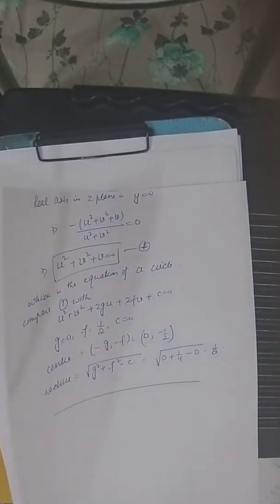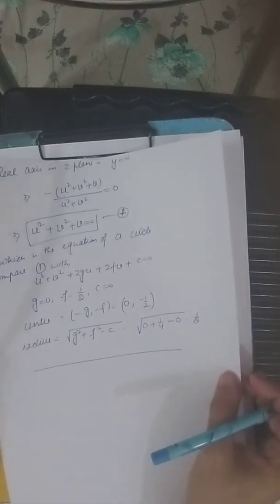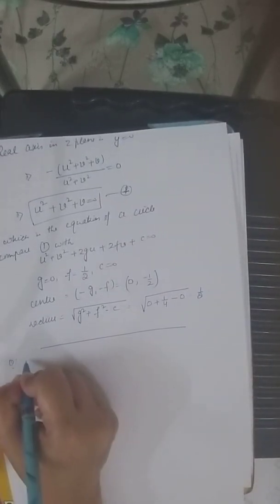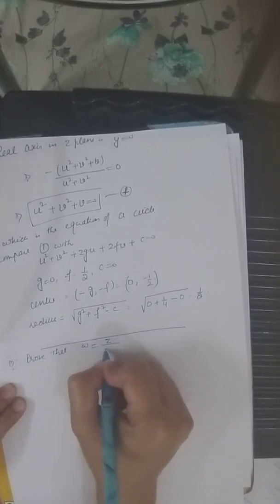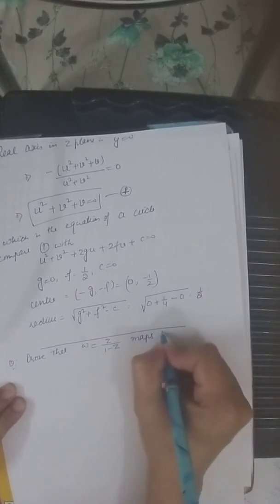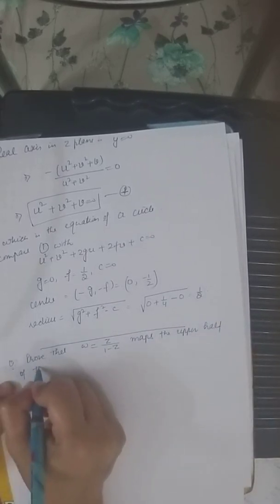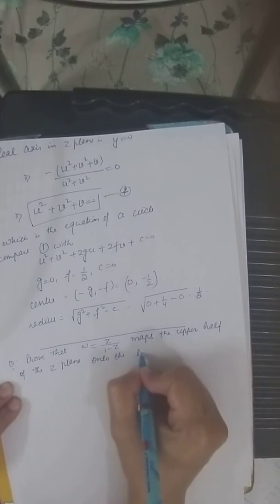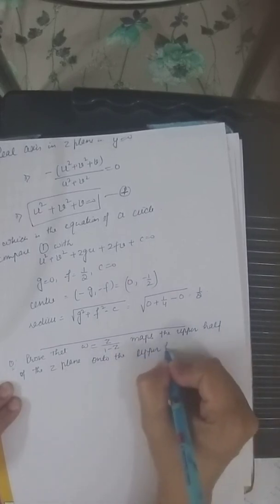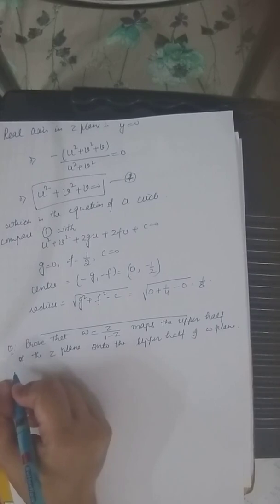Now next question. Prove that w equal to z over 1 minus z maps the upper half of the z plane onto the upper half of the w plane.